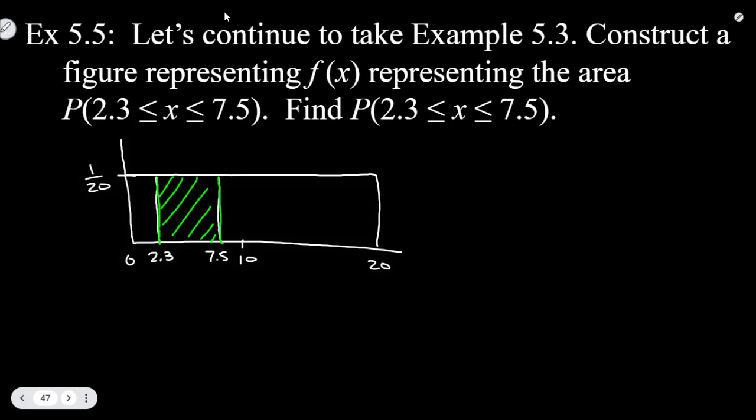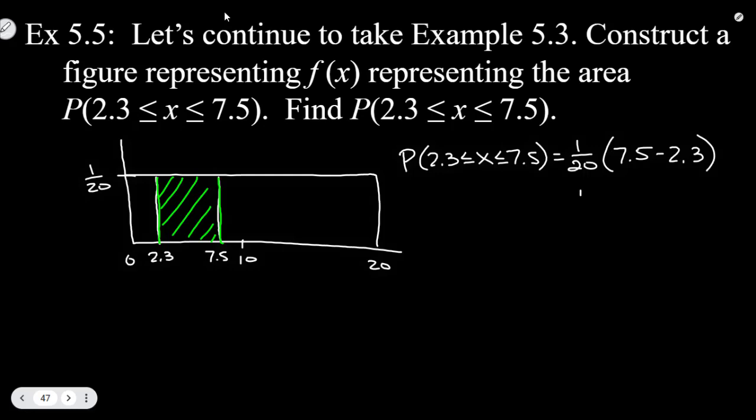So the same thing we did before. P of 2.3 less than or equal to x less than or equal to 7.5 is going to be the height of our rectangle, 1 over 20, times the width of our rectangle, and that's always the bigger value minus the smaller value. In this case, it's 1/20th times 5.2. That would be 5.2 over 20, but that's not a very nice fraction, and we don't want decimals and fractions mixed together.